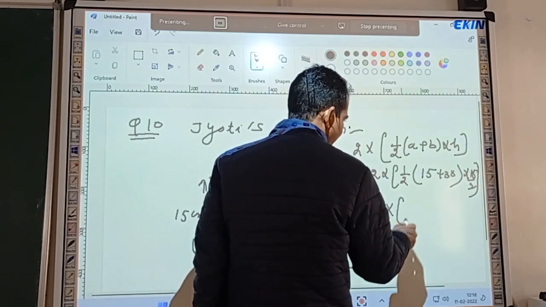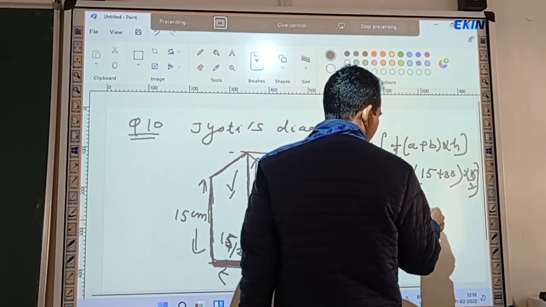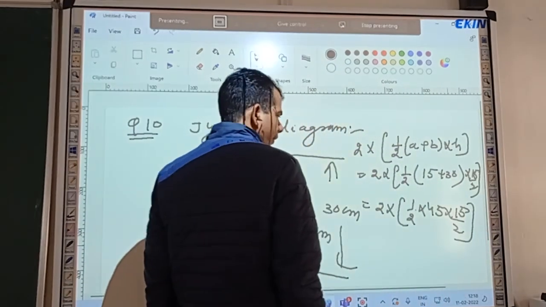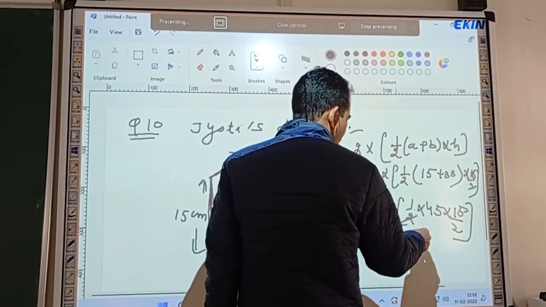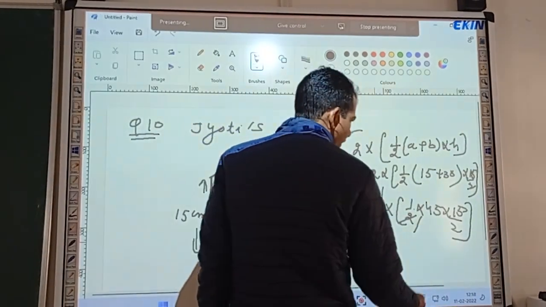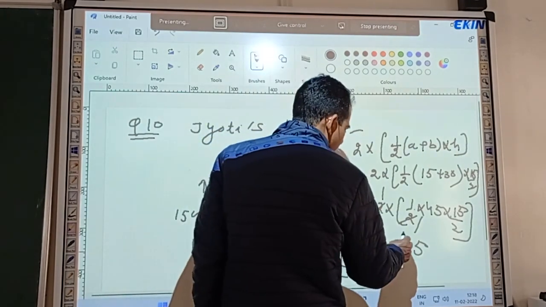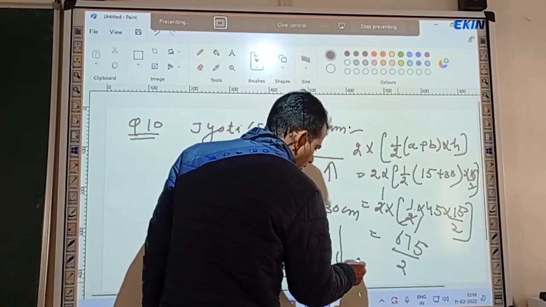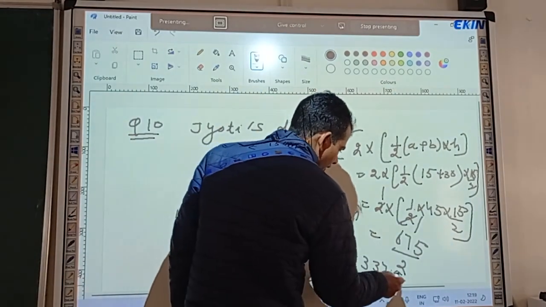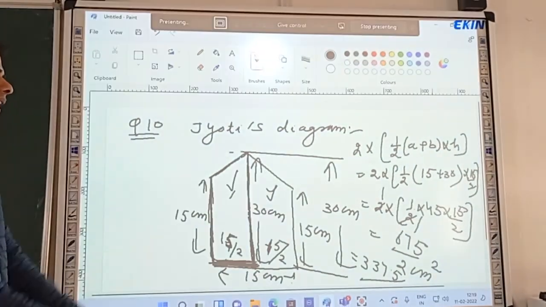2 into 1 by 2 into 45 into 15 by 2. 2 1s are 2, cancel out. 15 5s are 75, 15 4s are 60, 60 or 7 is 67, divided by 2. 2 3s are 6, 2 7s are 14, so 337.5 centimeter square.